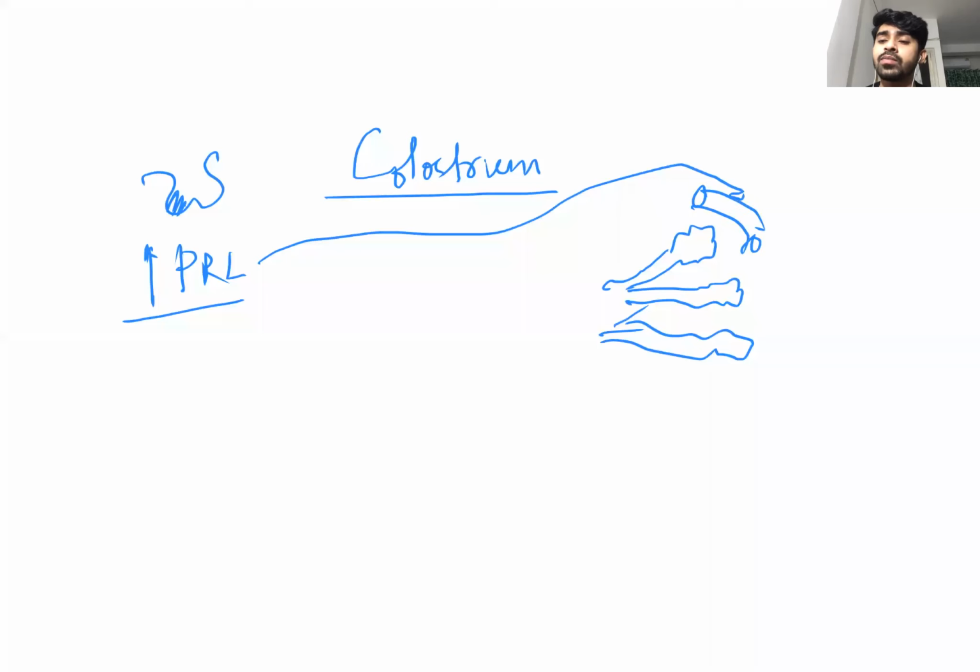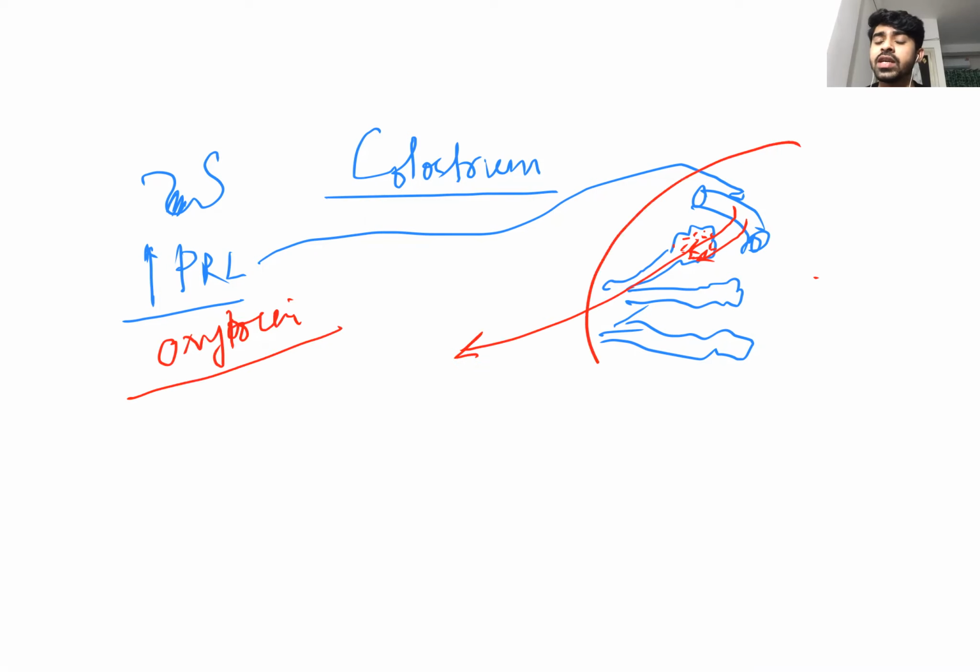From the blood, lactose, proteins and many more things come and are stored in the mammary glands, and they are nothing but the milk. Oxytocin also helps in secreting the milk outside the breast. But what is the colostrum?